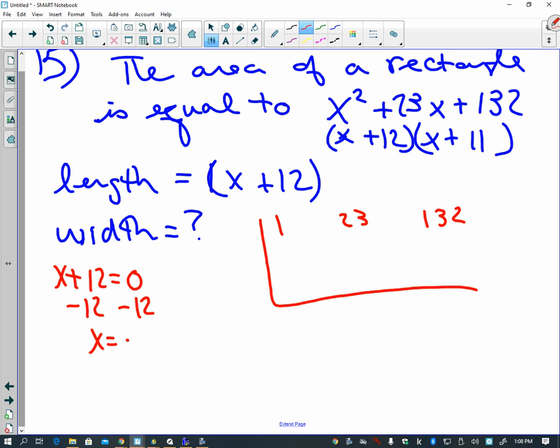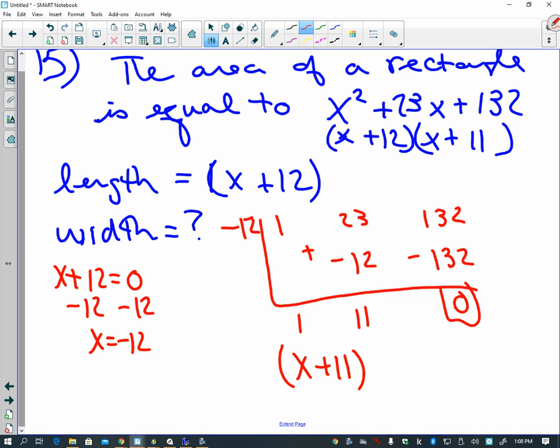So I'd get x equals negative 12, put negative 12 here, bring the 1 down. 1 times negative 12 is negative 12. 23 minus 12 is 11. Negative 12 times 11 is negative 132, which gives me a 0 remainder. And if that was x squared, this is going to be just x plus 11. So that's another way of showing it that's maybe a little less complicated in terms of what I have to think about. Still gets me x plus 11, right?